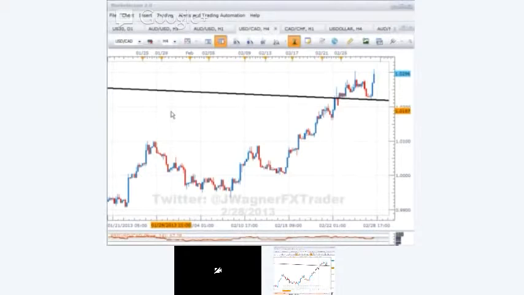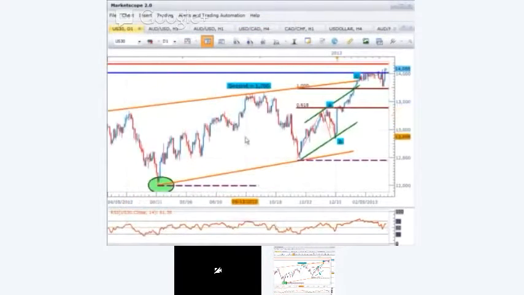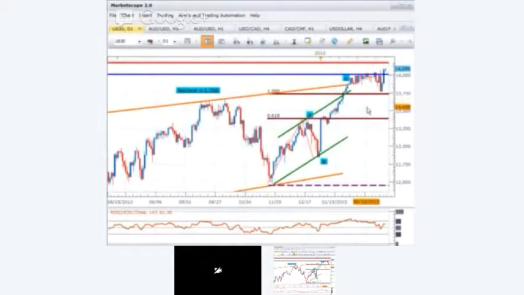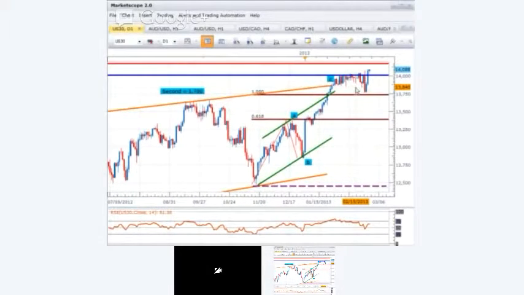I like the Australian Japanese yen cross pair. The reason being is that the Australian Japanese yen tends to have a correlation to the stock market. So if you think it's going to be a negative volatility that comes as a result of the sequestration, and the stock markets may sell off.